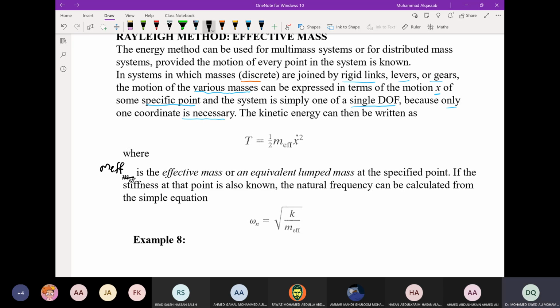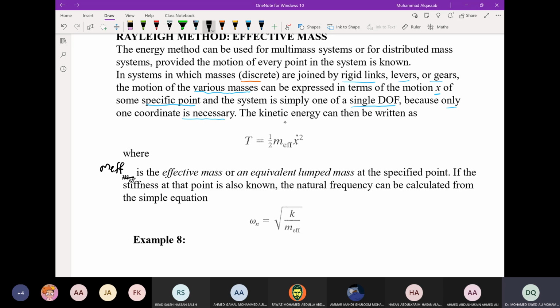Once you reach the spring mass system, if the stiffness at that point is also known, the natural frequency can be calculated from the simple equation omega n equals square root of k over M effective.